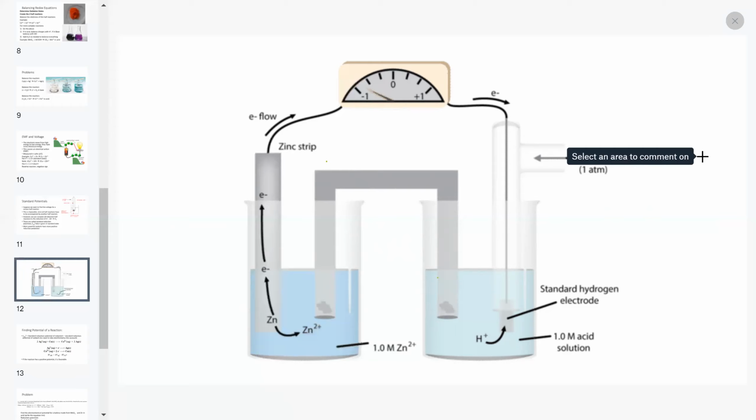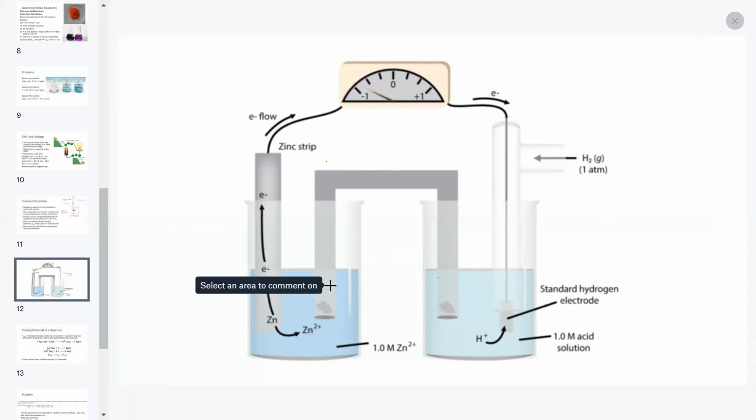counteract this negative charge. And to do that, we have what's called a salt bridge. So here we have a piece of maybe paper or some kind of gel, or a semi-permeable membrane, or a piece of cloth or something like that, and it's soaked in a solution of some salt.